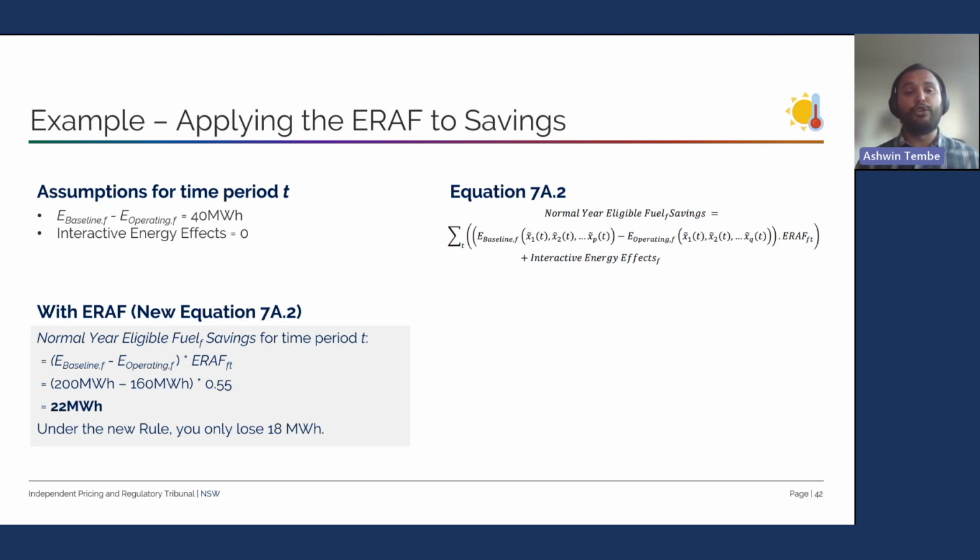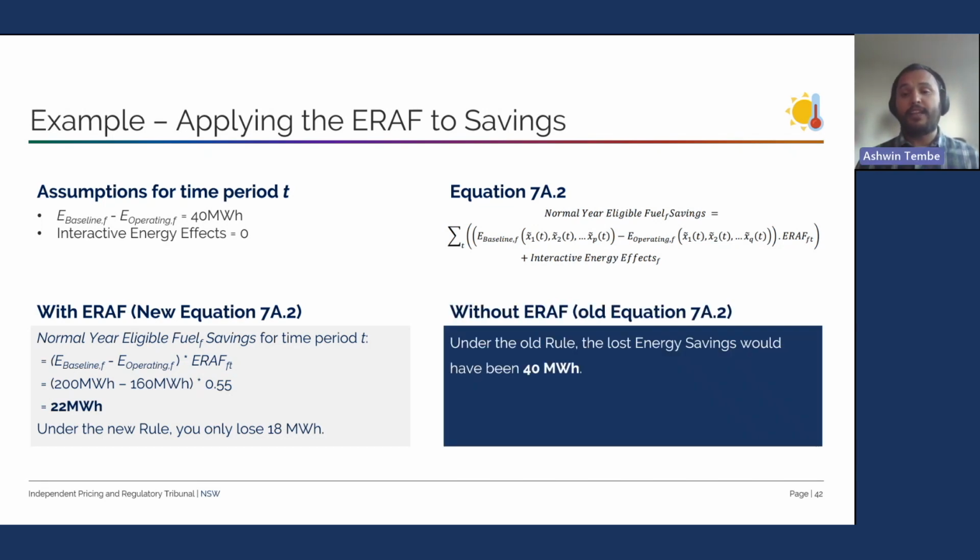So with that adjustment, you lose 18 megawatt hours. By comparison, under the old rule, you'd lose all 40 of those megawatt hours since the independent variable falls outside the effective range. So the ERAF is a vast improvement.